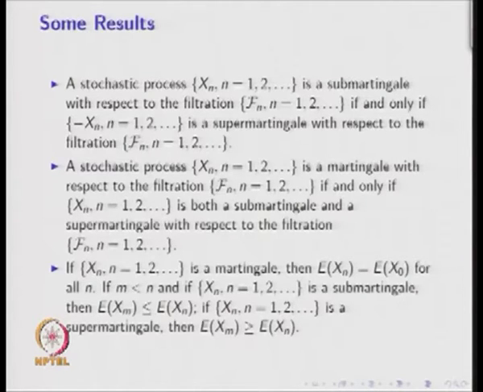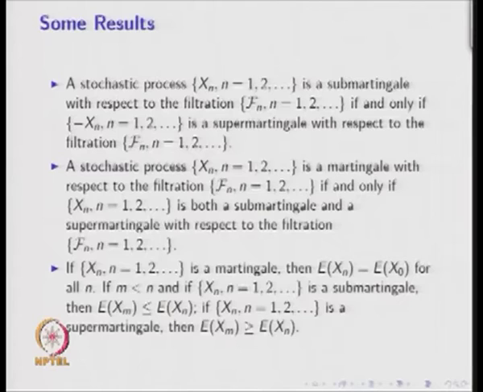That means if you have a given stochastic process that is a martingale, then the same random variable will be treated as a submartingale as well as a supermartingale, because we are replacing the equality sign by greater than or equal to, similarly less than or equal to. We are not replacing it by strictly greater than or strictly less than.